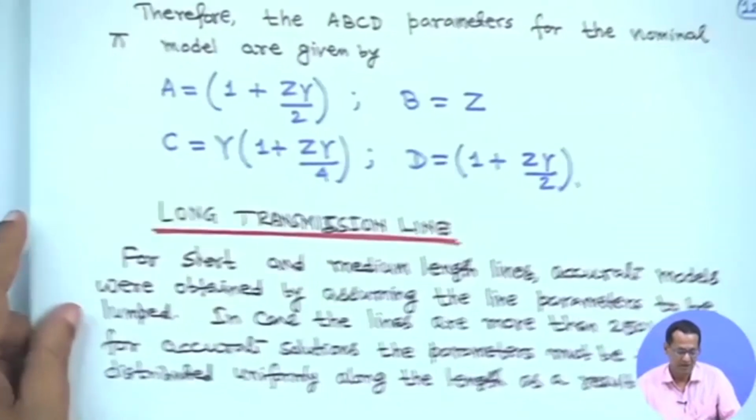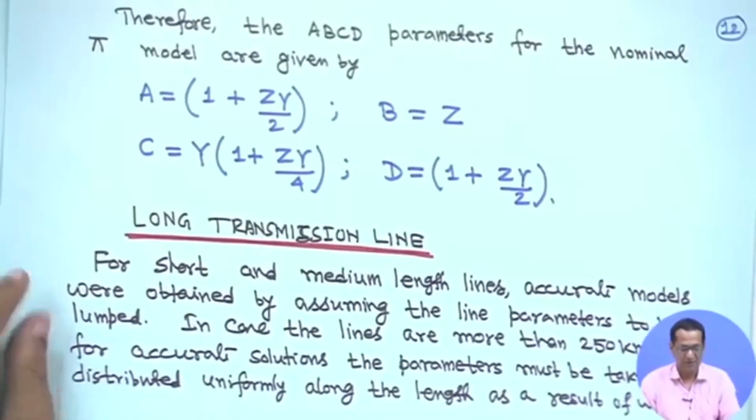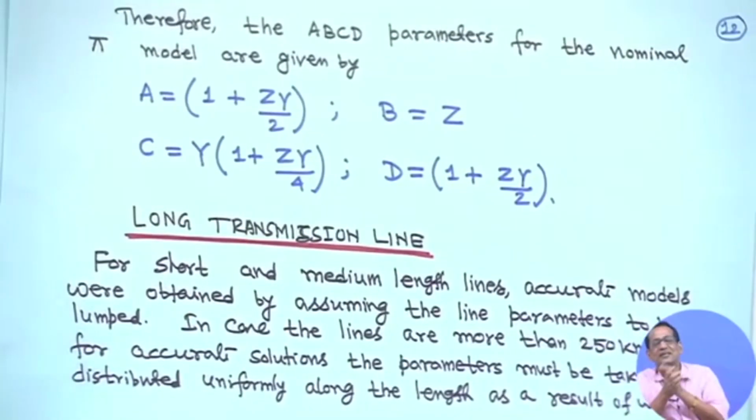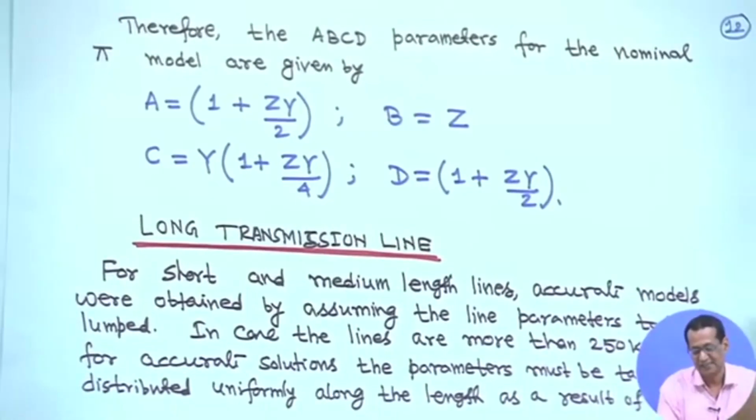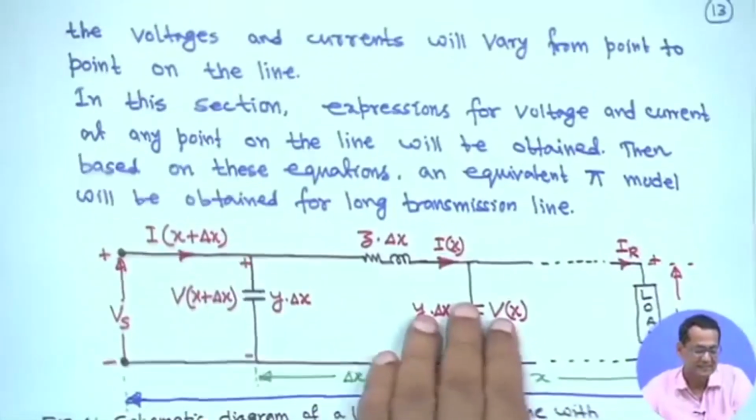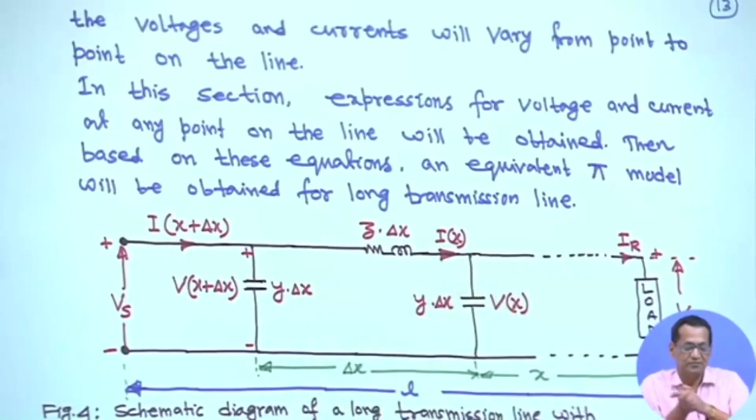For a long transmission line, in case the lines are more than 250 kilometers long, for an accurate solution the parameters must be taken as distributed uniformly along the line length. So, at every point the voltage and current will vary from point to point on the line.